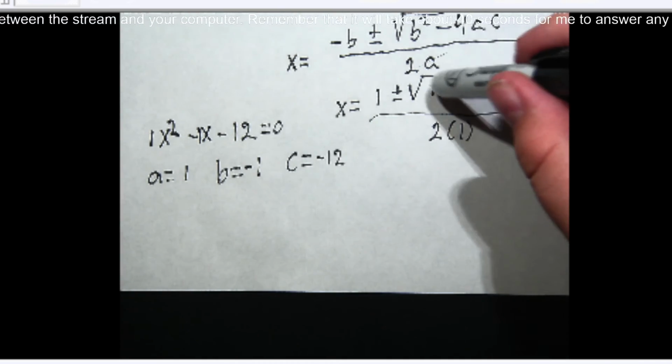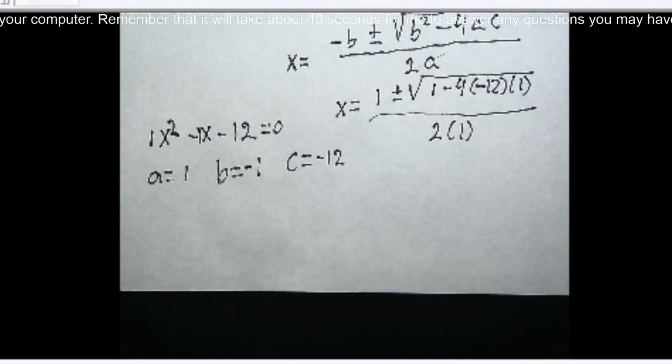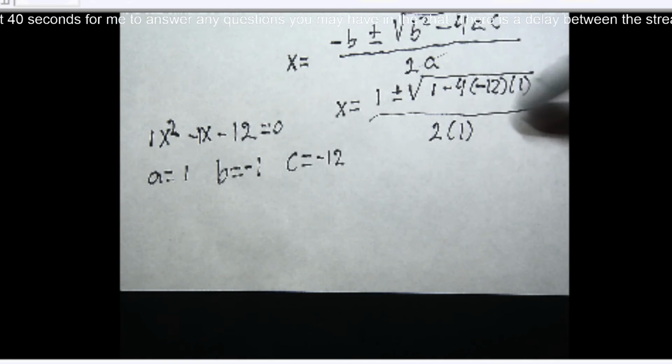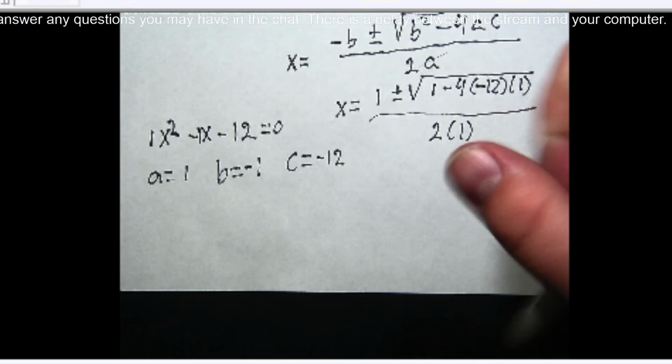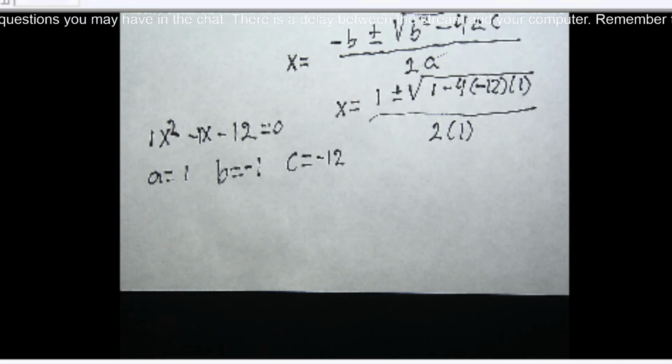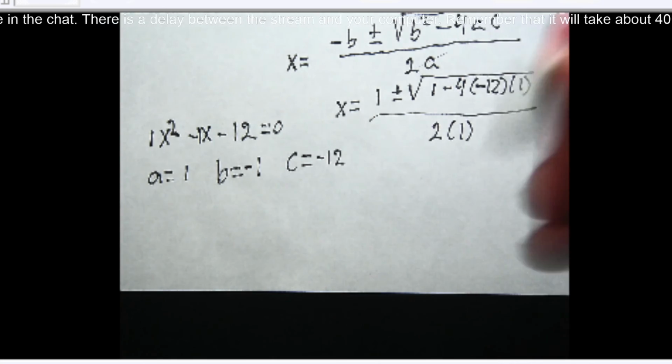So let's simplify this part in here. Negative 4 times negative 12. Let's see, that would be positive 48. And then times 1, still positive 48. 1 plus 48 is 49.